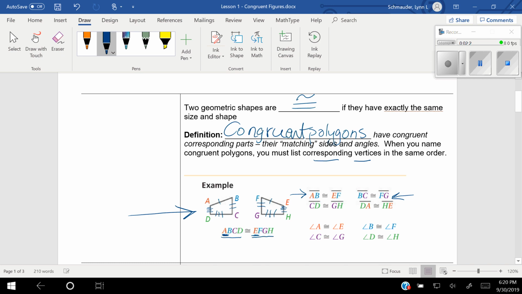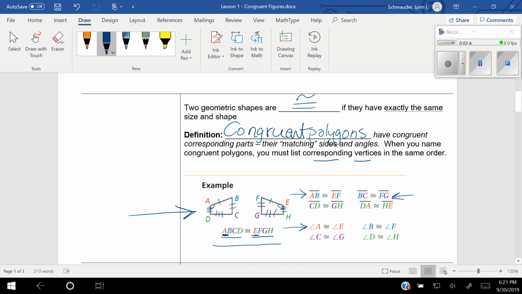So even though these are set up so that they're mirror images of one another, we could turn that second one around so that it was in the same orientation, but we don't have to because of the way that these are named. We know which parts are congruent to each other. And also the corresponding angles are congruent. Angle A is congruent to angle E. It's over here.